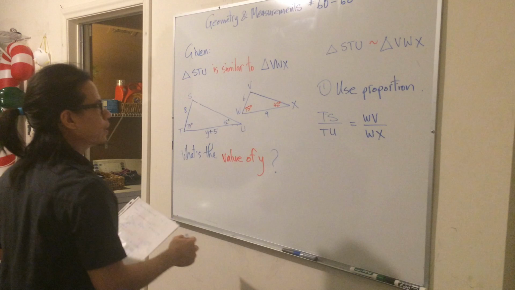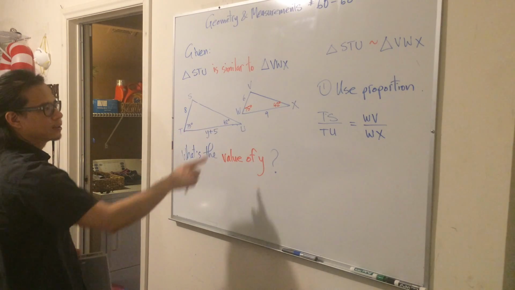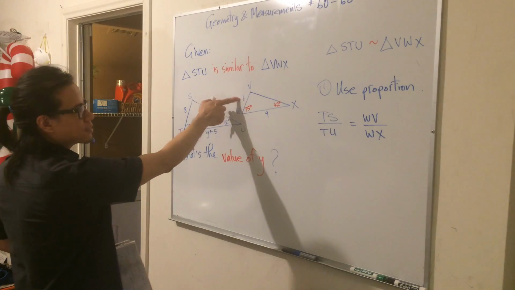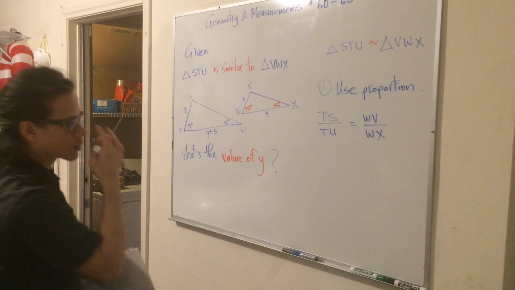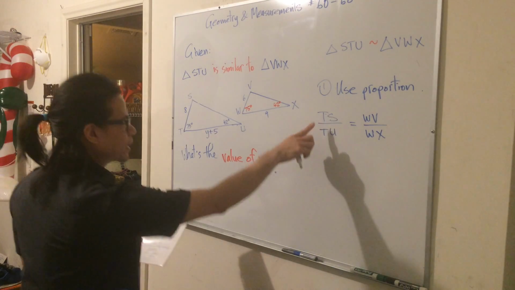The reason I chose those sides is because I know this length is 8 and I know this length is y plus 5. And the reason I chose WV is because I know this length is 6 and then WX is 9. Okay, so let's fill in what we can.